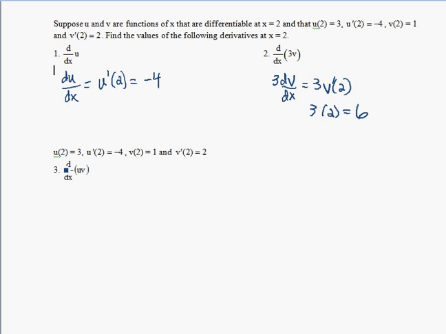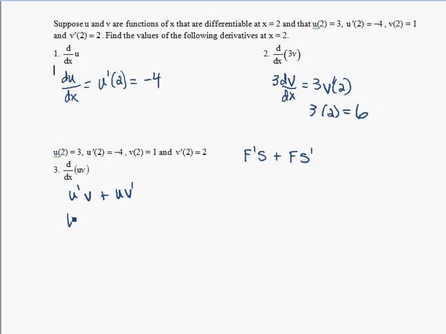So same thing. Here we're looking at a product of two functions, u and v. The product rule says the derivative of the first times the second plus the first times the derivative of the second. So we would have u prime v plus u v prime.